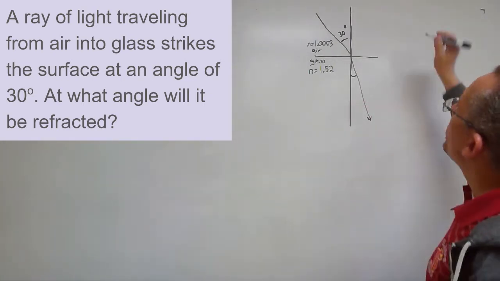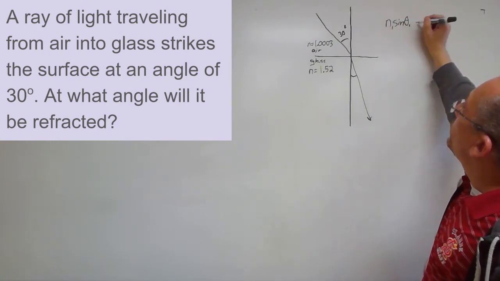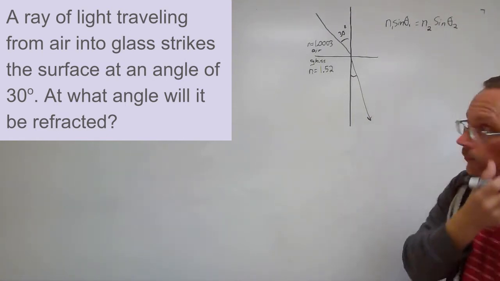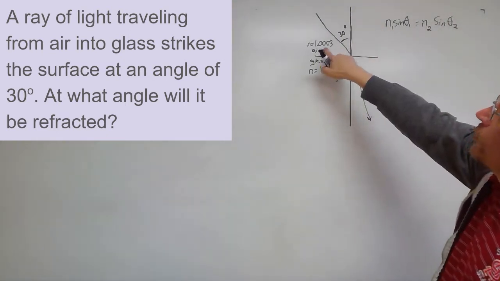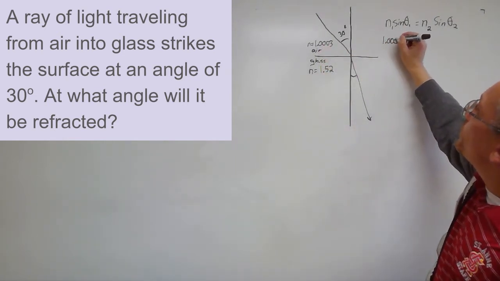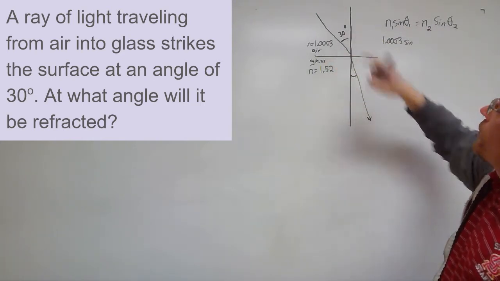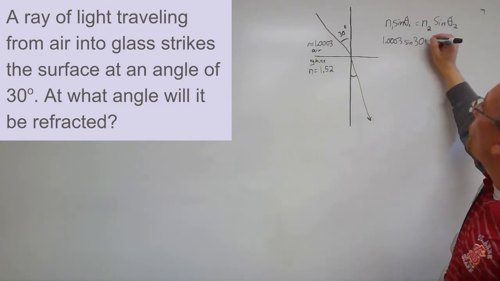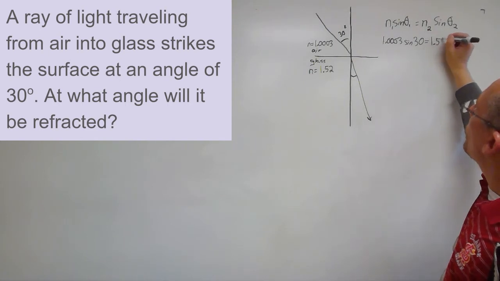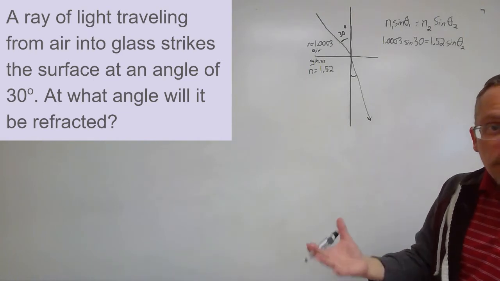So Snell's Law says that n1 times the sine of theta 1 equals n2 times the sine of theta 2. Okay. n1, the index for air, is 1.0003, times the sine of theta 1, which is 30 degrees, equals n2, which is 1.52, times the sine of theta 2, which is that angle that we're looking for.